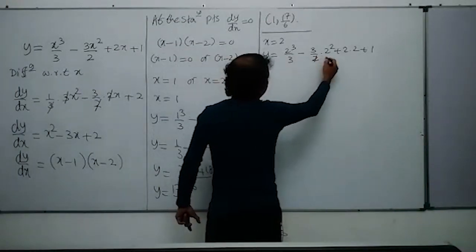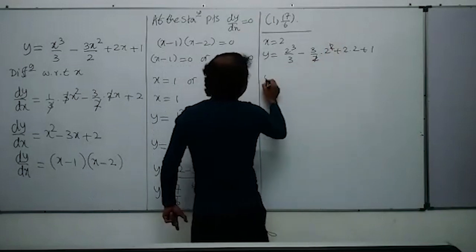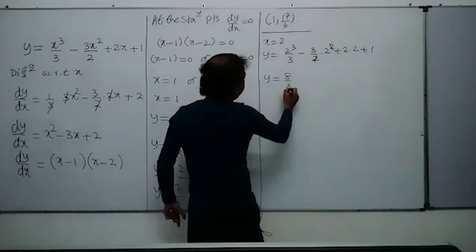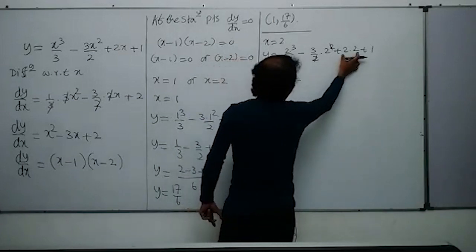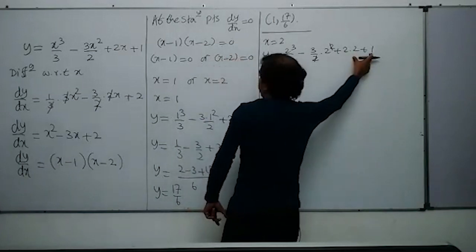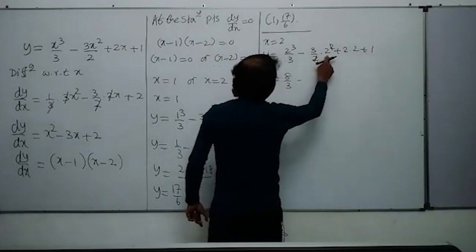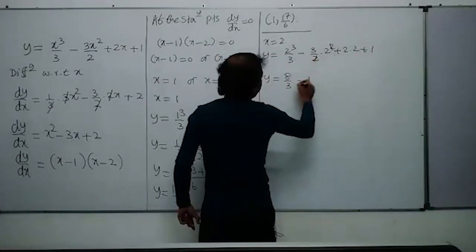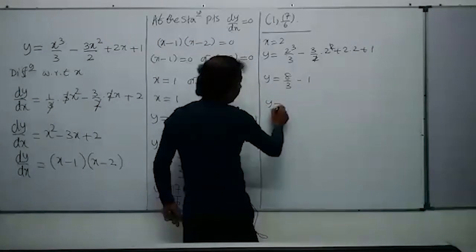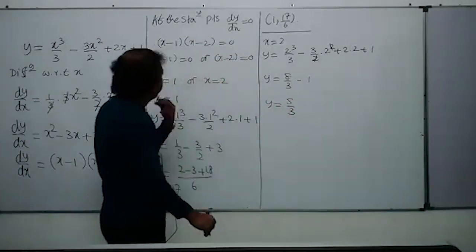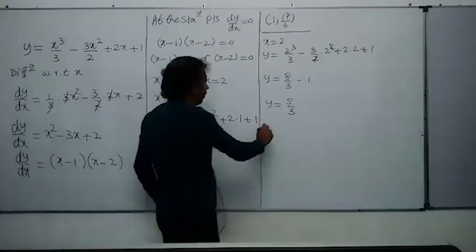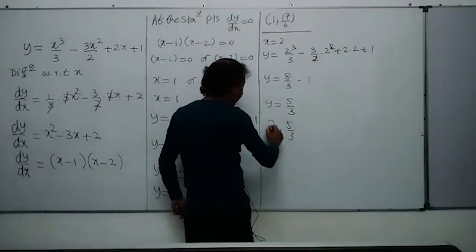Here we can cancel down this and this. 8 by 3, here 4 and 1, 5, here minus 6, then minus 1. y is 5 by 3. Then the next point is (2, 5 by 3).